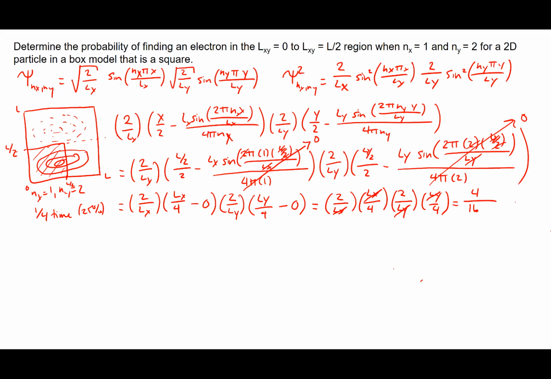Simplified down, that comes out to 1/4, which is 25% of the time. And that's how you mathematically, using calculus, calculate the probability of finding an electron in that region for a 2D particle in a box.